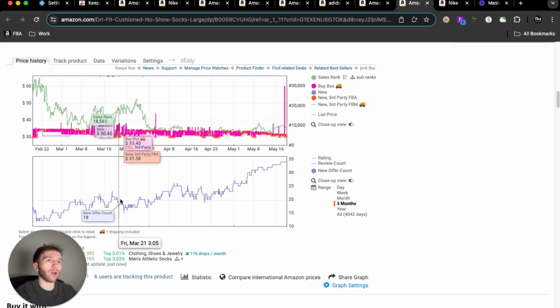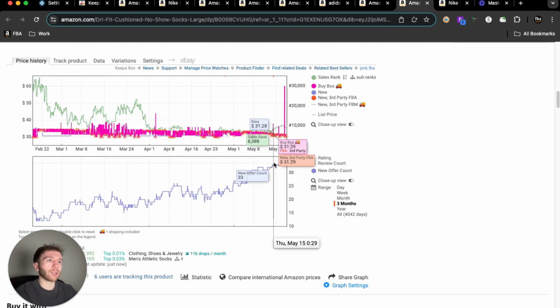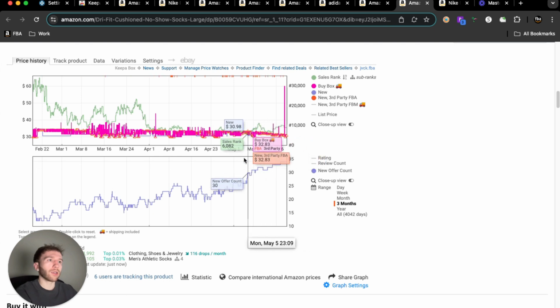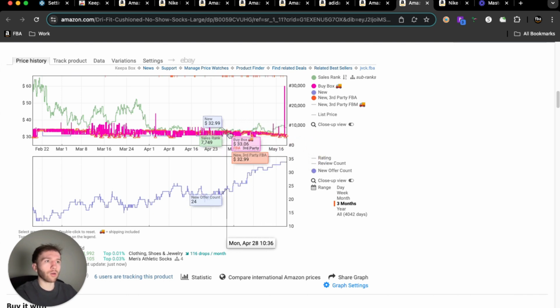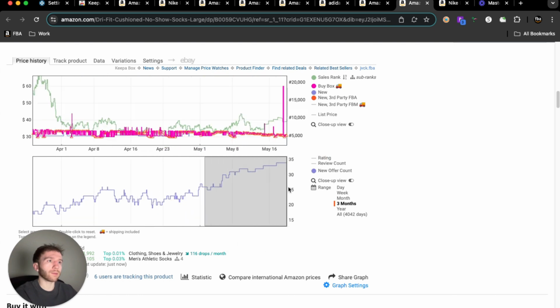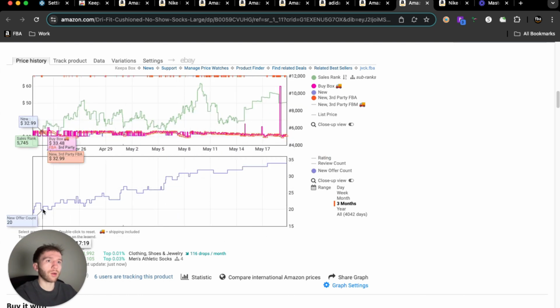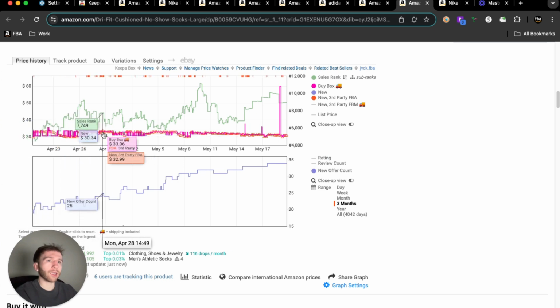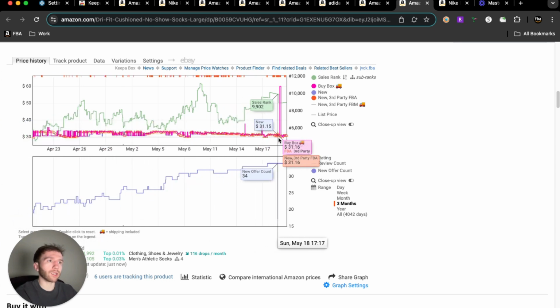When it's going up and down consistently, not much is changing here, and it is going and reaching back up there. But when it's not going down in turn, that's when price starts to go down. So if you see something that is looking like maybe this here, where it's just straight up here, probably wouldn't want to buy into a product like that, because you can assume that it's going to continue to go down. It just kind of goes one in one most of the times. They follow each other in that respect.